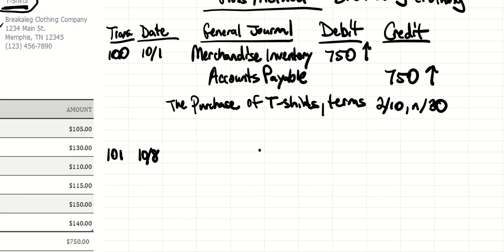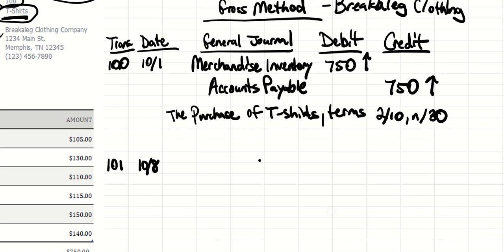So to account for the discount or the payment made within the discount period, first thing that I like to do, because I'm going to take this on a step-by-step basis, is get rid of the liability that's sitting in the accounts payable account because the cash payment was made.